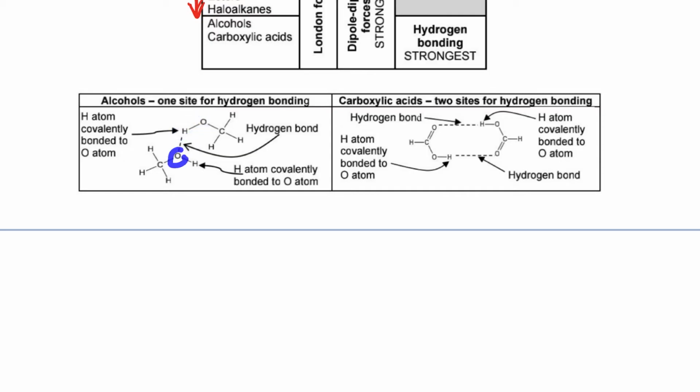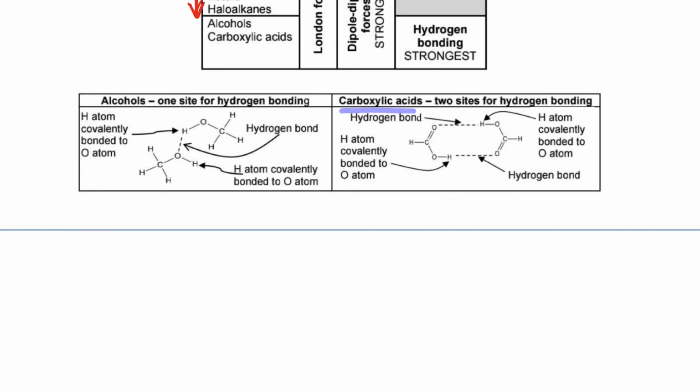So the oxygen of that compound is attracted to the hydrogen of the other compound. The H and O bond we call hydrogen bonding, and there's only one hydrogen bonding between the alcohol molecules. That's why we say it's one side.